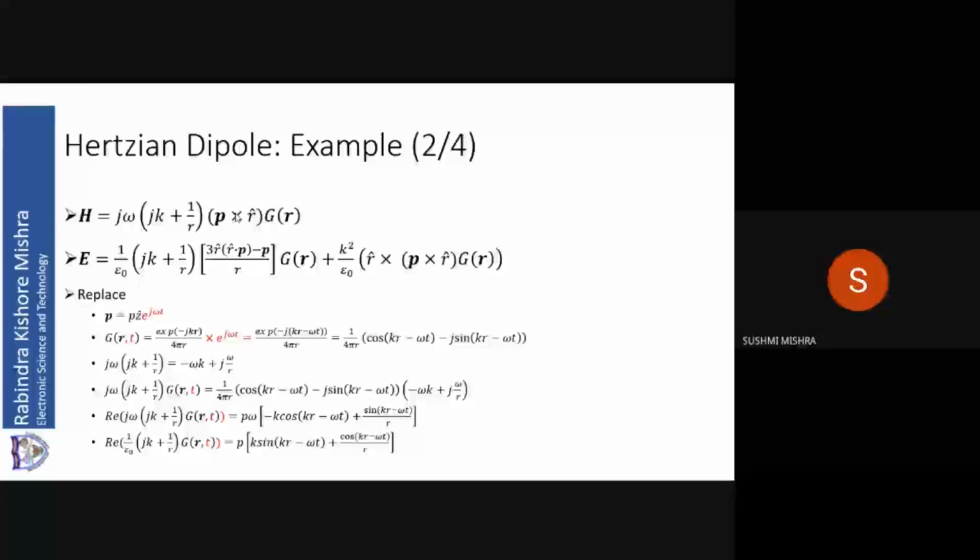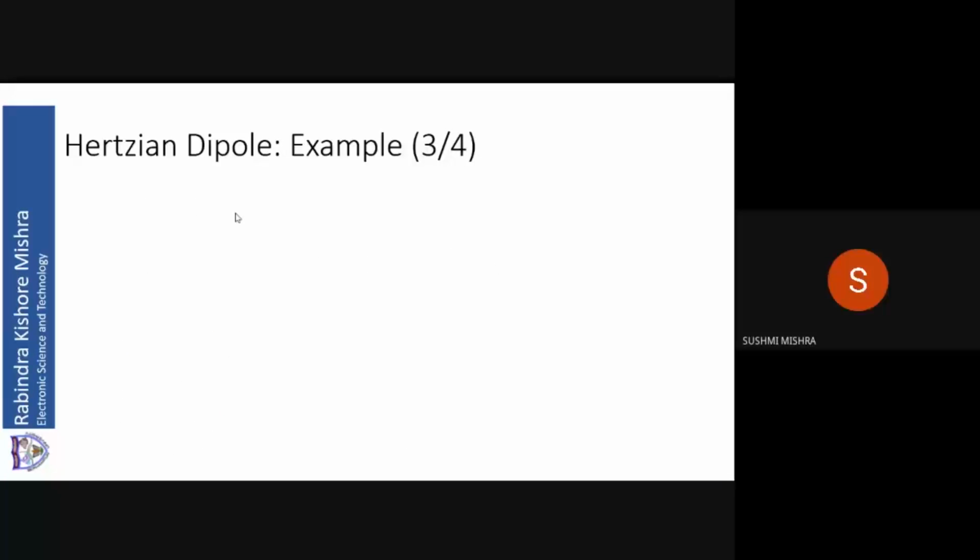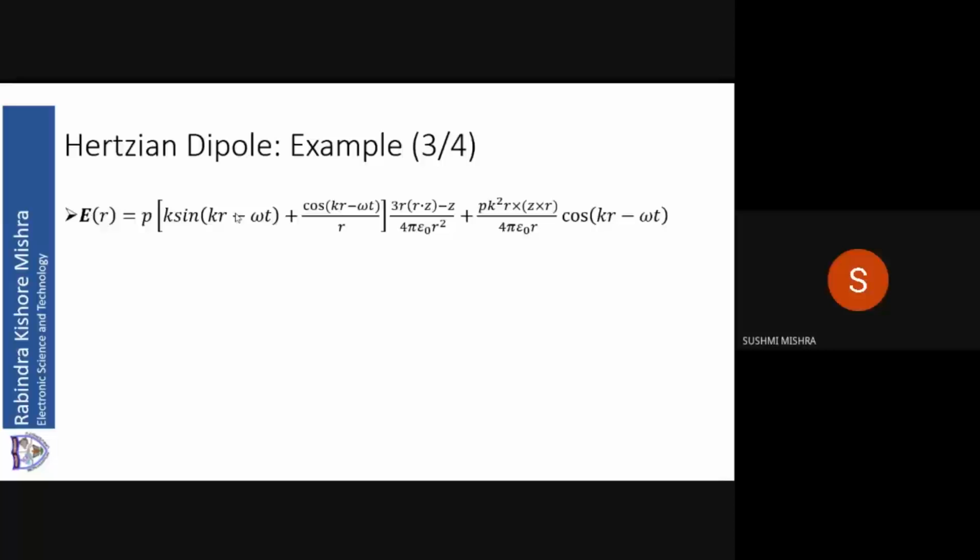So these replacements are to be made in the fields of E and H. If we make these replacements, we will get the expression for E and H. Expression for E with these replacements becomes E_r is equal to P k sin kr minus omega t plus cos kr minus omega t by r, whole into 3 r cap r cap dot z cap minus z cap, divided by 4 pi epsilon 0 r square.